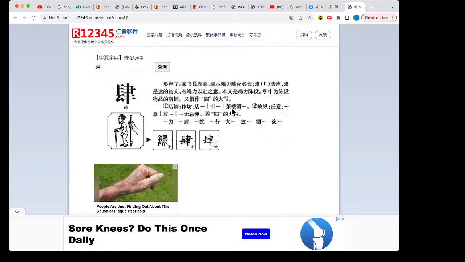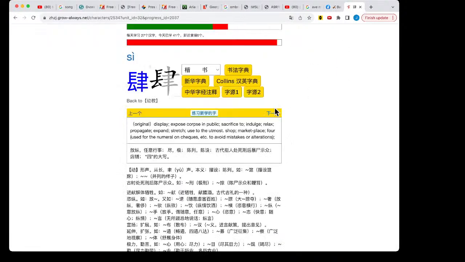And then there's an old man on the left, and a hand holding a writing brush, so that means to write, to represent, to display. Okay, so next one.